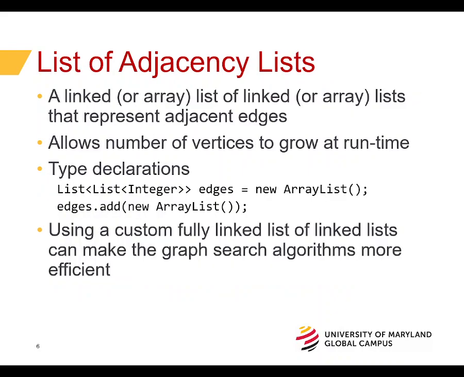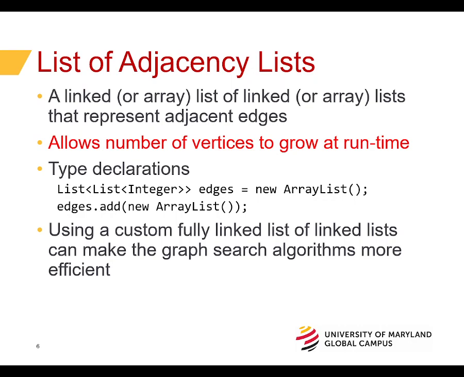With all of the previous representations, the number of vertices is fixed. A more general approach is to use a list of adjacency lists. Such a representation will use a linked or array list of linked or array lists that represent adjacent edges. Those choices would provide 4 possible combinations.